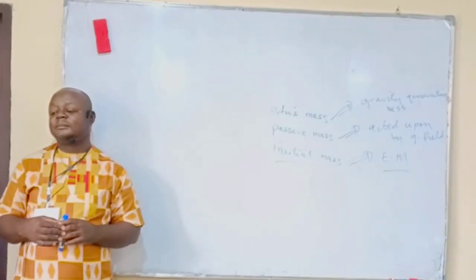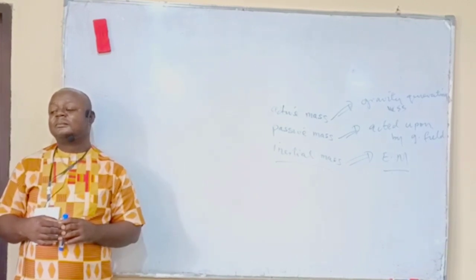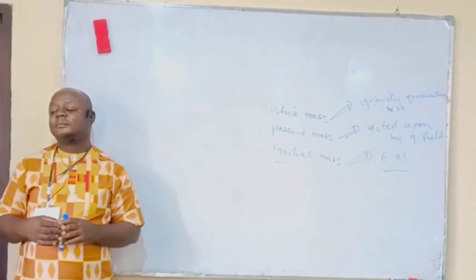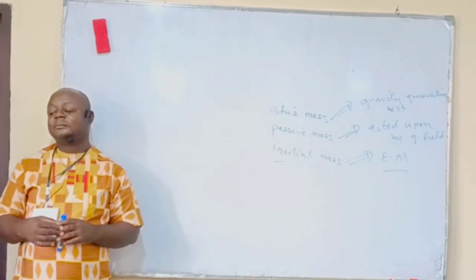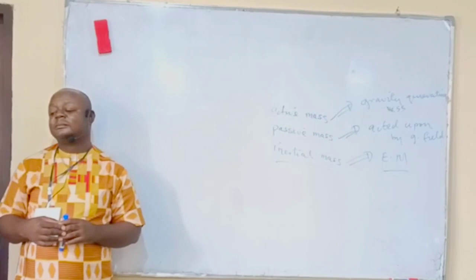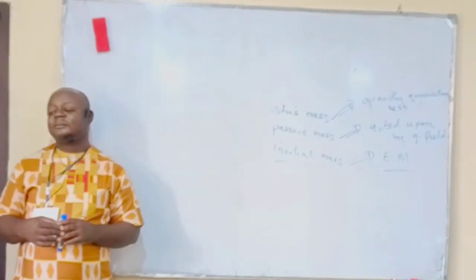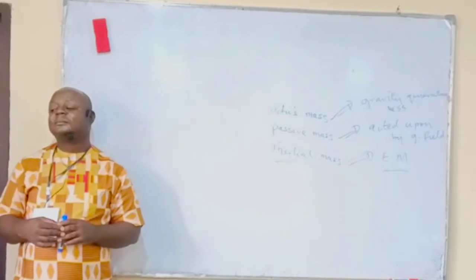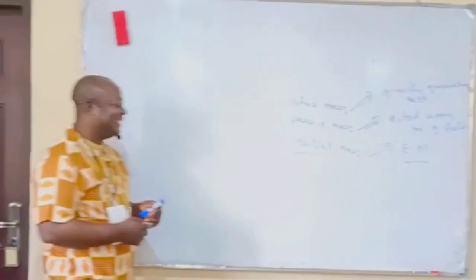In that case, the masses are equal. Gravity, when you look at G at that level, is a little bit low. When you try to pacify that with the speed of light, under the quasi-neutrality, the passive mass and your initial mass will be the same. You don't differentiate them.